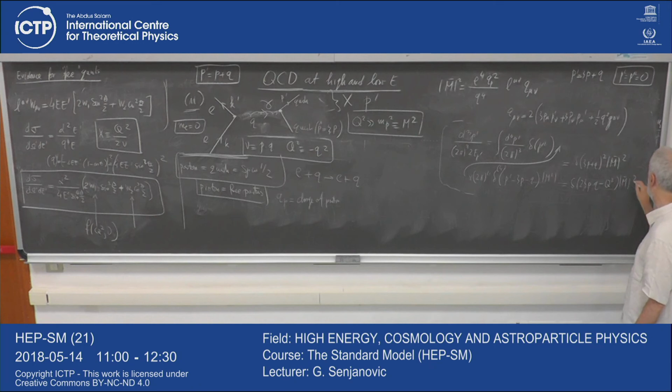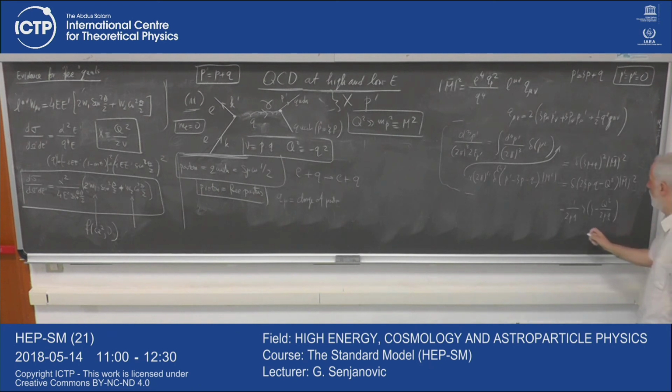This is sort of to write average m square. Okay. This is equal 1 over 2 p times q delta of C minus q square over 2 p times q, which I call nu. This I call x. Remember, this is a famous variable of scaling.